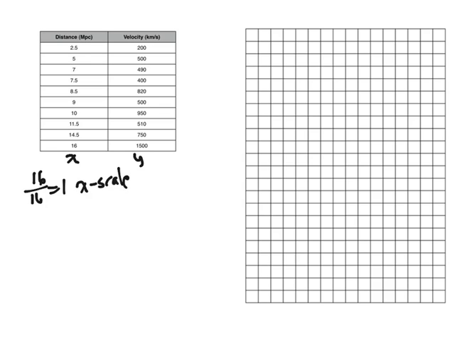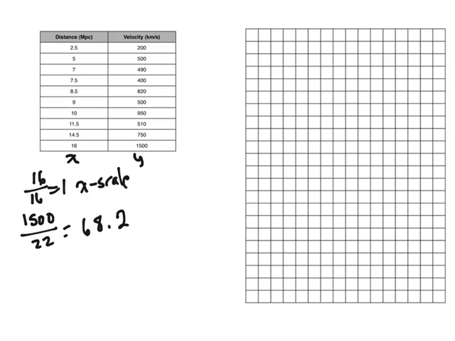Our y-axis, we have 22 squares. So 1,500 divided by 22 is 68.2. So now we have to figure out what we want to round to. You always want to round up, because if you round down, you're going to run out of room.